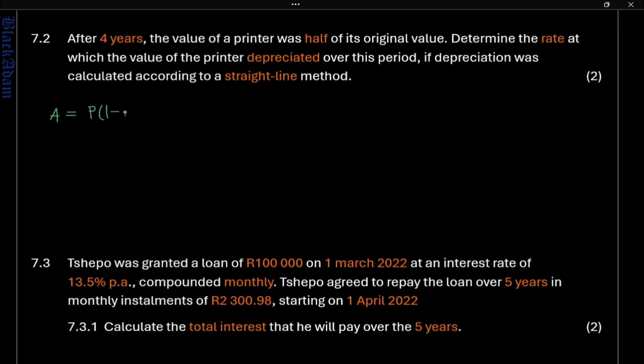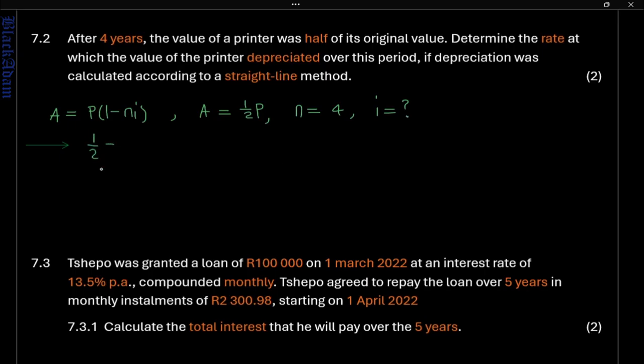The equation is A equals P bracket 1 minus n i, and the final accumulated value A is half of P. So wherever there is A, we put half of P. We know the number of terms is 4 years, and the interest is what we want.